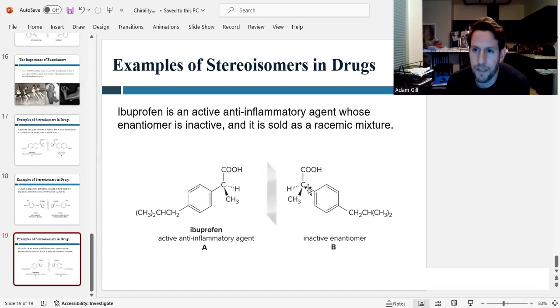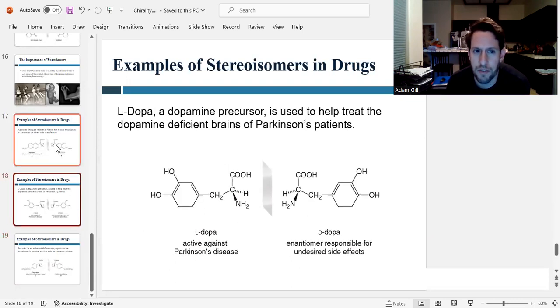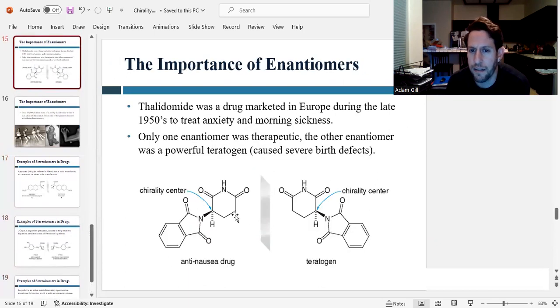And so actually, a lot of drugs that have a chiral center, one version's active, but in most cases, the other version is just inactive and your body just digests it for food. It's only in certain circumstances that the opposite version is dangerous. But it's important to recognize when you have a chirality center and test each one individually.